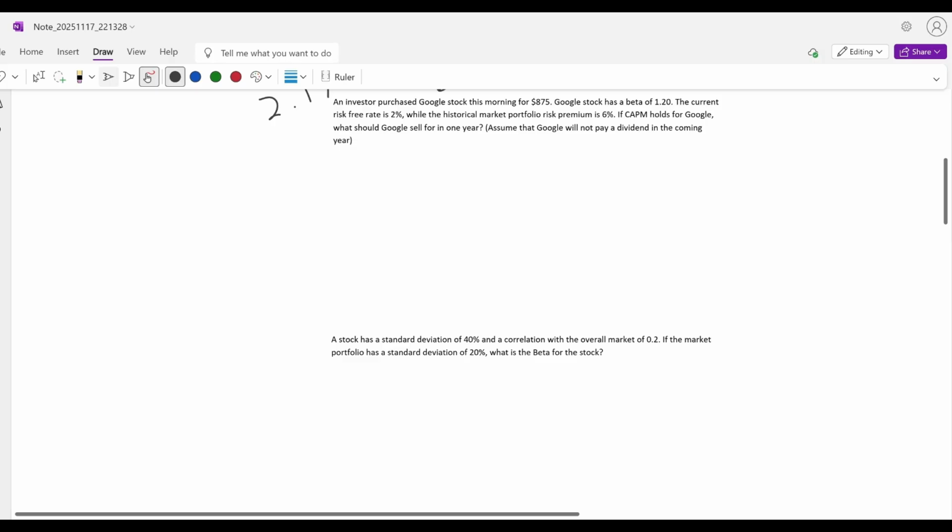So first, the solution for this is we are going to get into the CAPM formula. So let's first look at our risk-free rate, which is 2%, plus our beta, which is 1.2, times the market portfolio risk premium, which is 6%.